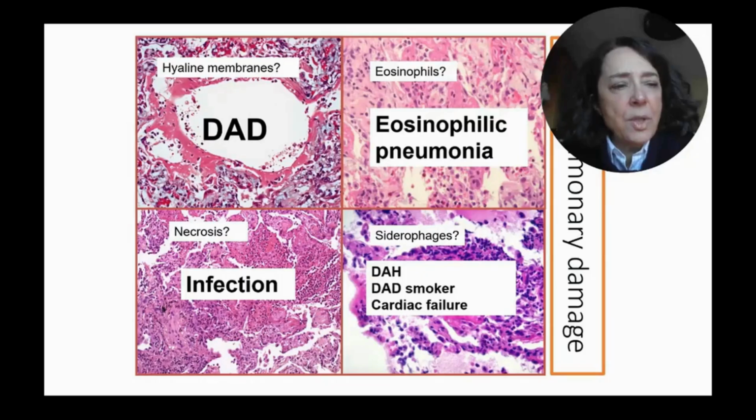But if you look closer, you see these black dots, secondary to dust. And it is very important to know if the patient has cardiac failure, because you can see a lot of what is now called alveolar macrophage pneumonia, with a lot of hemosiderin, and the only thing is that the patient is in cardiac failure.